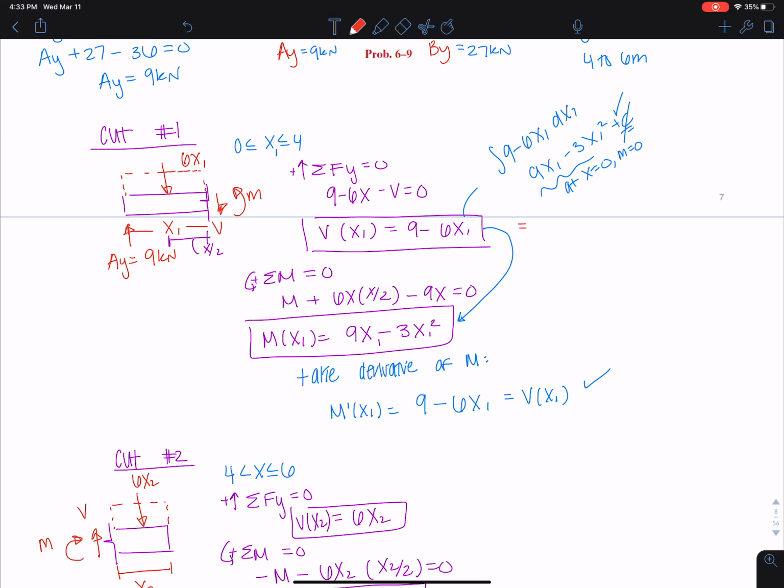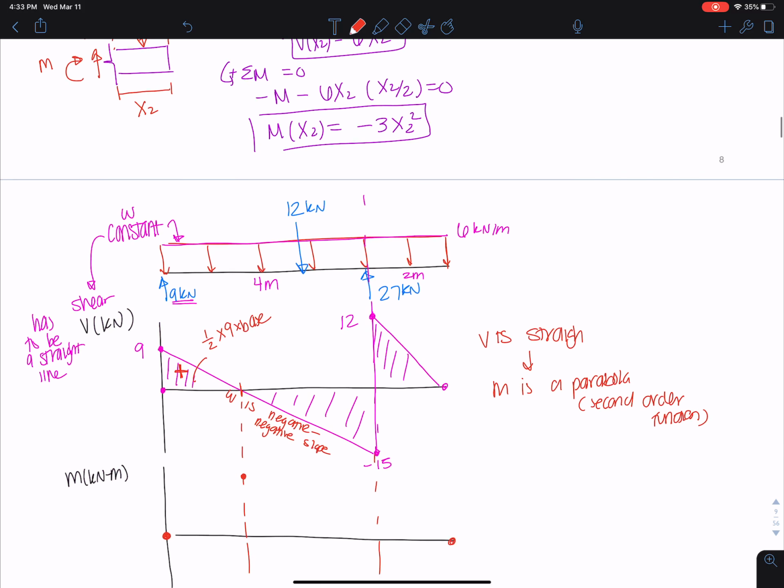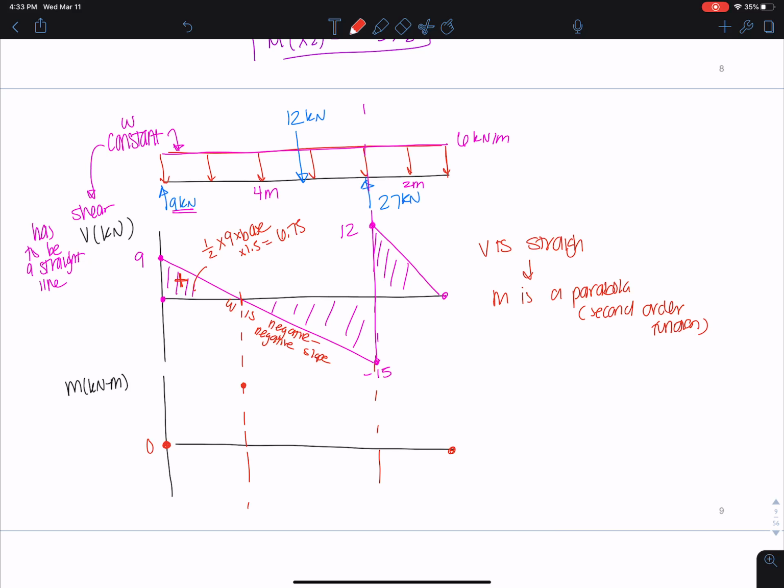And we want to say, when does this equal 0? Well, it equals 0 when x is 9 divided by 6, 1.5. So this would be times 1.5. 0.5 times 1.5 times 9, we get 6.75. So we take 0, we add 6.75, and that's what this value is, okay?